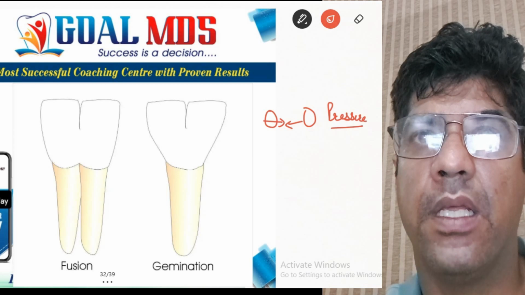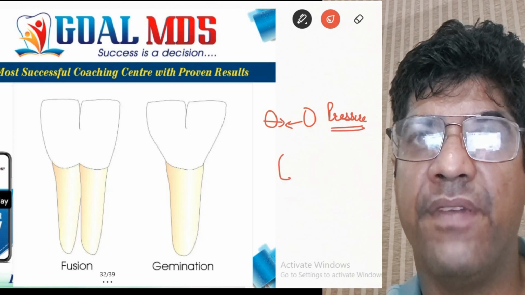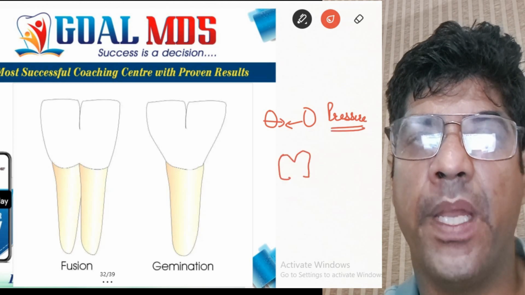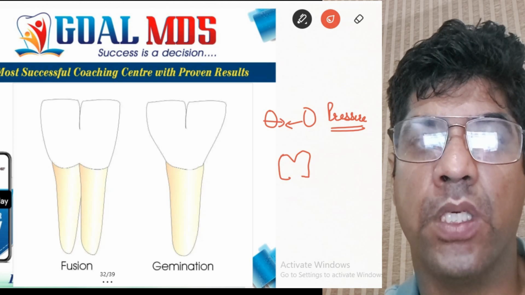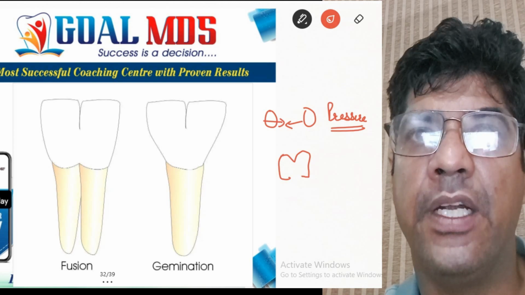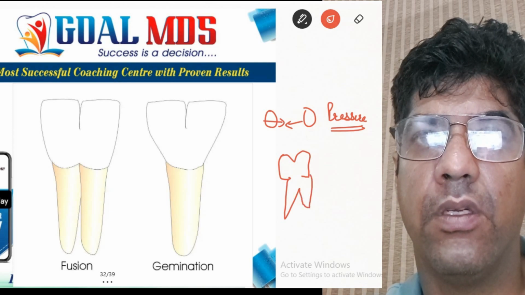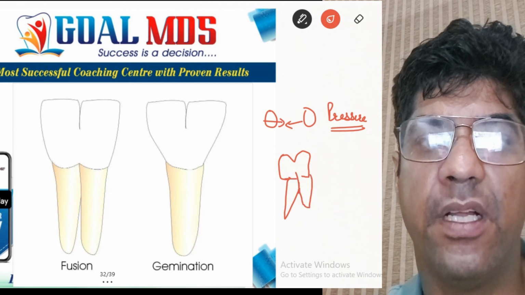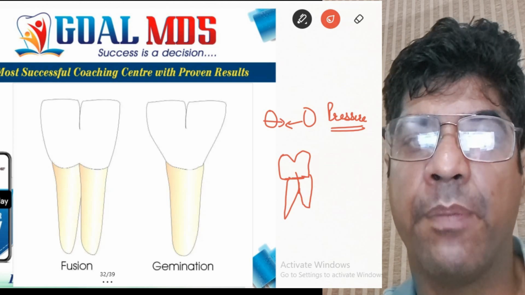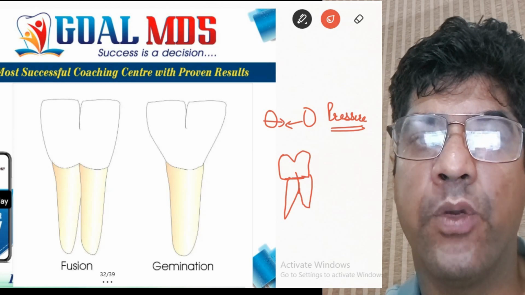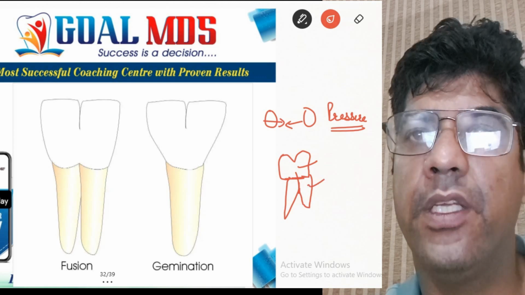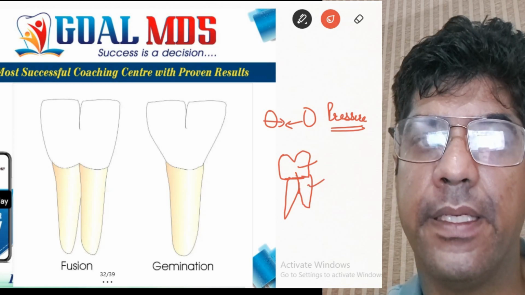So they will fuse together, forming an enlarged single tooth. This fusion involves both the crown and the root fusing through the dentine.